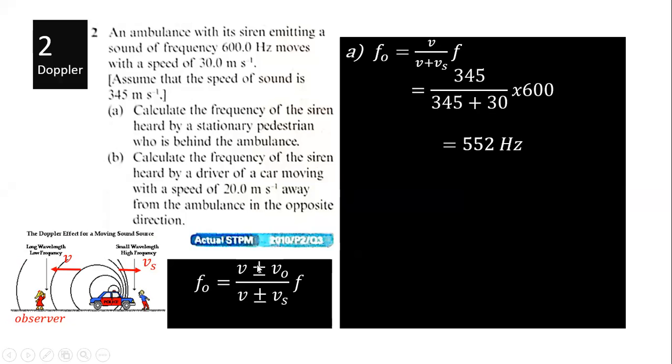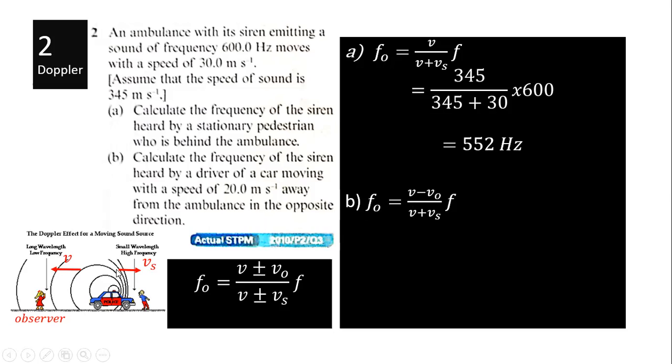That means it's away. As long as the two are in different direction, then plus. If they are in the same direction, then it should be negative. Their wavefront and the observer are in the same direction. That's why we choose negative.